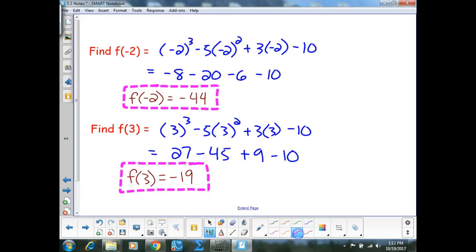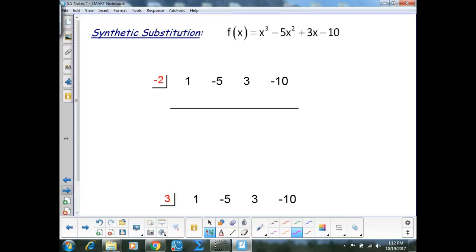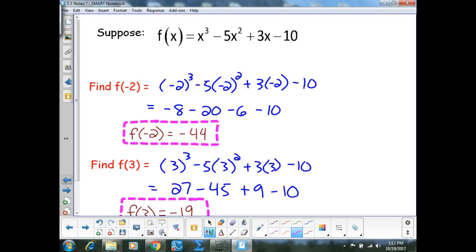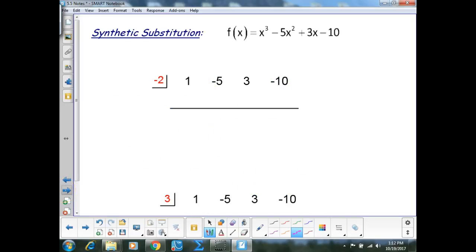Now, I'm going to teach you a little quicker way to do it. Synthetic substitution. Okay? Synthetic substitution takes my function, which we just did here. Same function as before. But now I'm going to use the properties of synthetic division that you learned last year in Algebra 2.